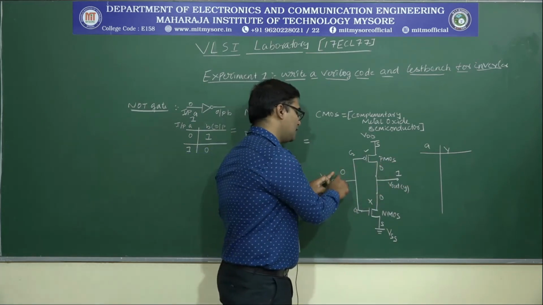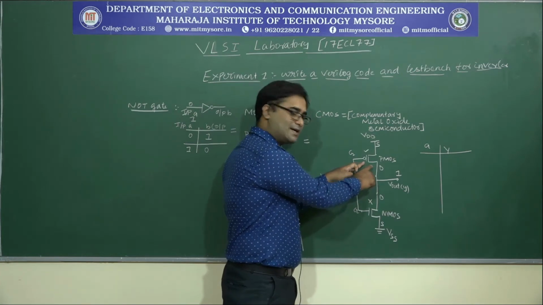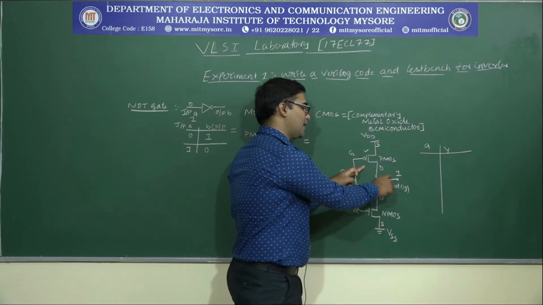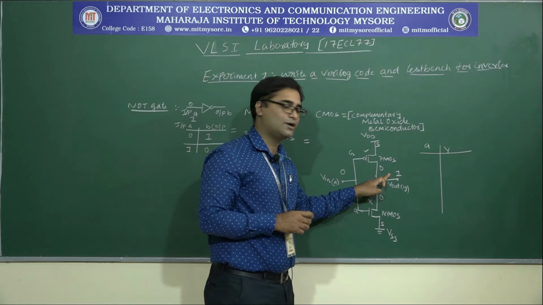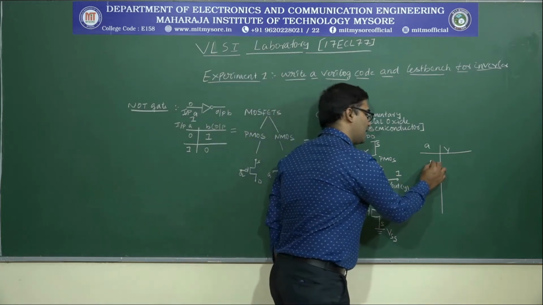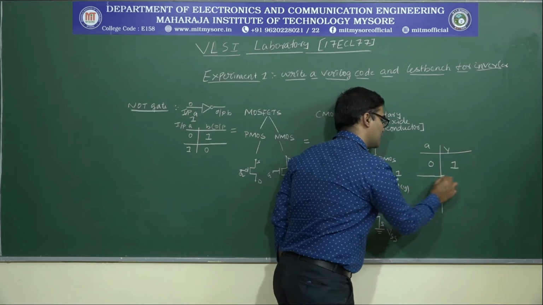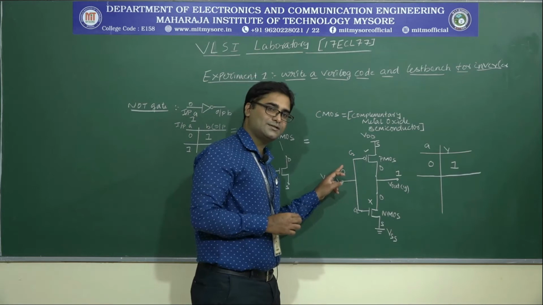So if we provide the input as 0, the PMOS transistor is on and the NMOS transistor is off, and the output is high, which is equal to 1. So if we provide input of 0, then the output is 1, and we will see the next operation.